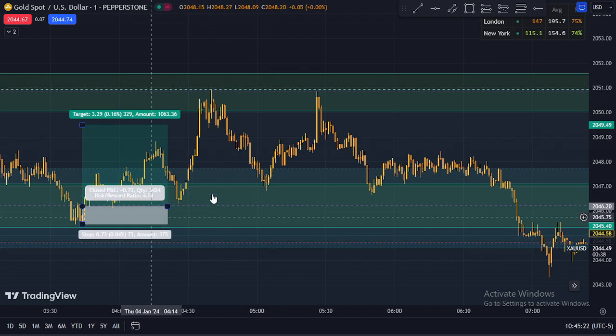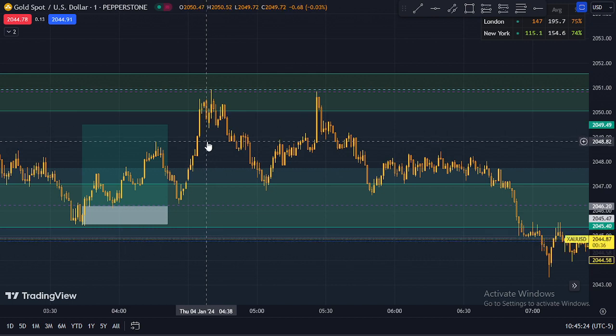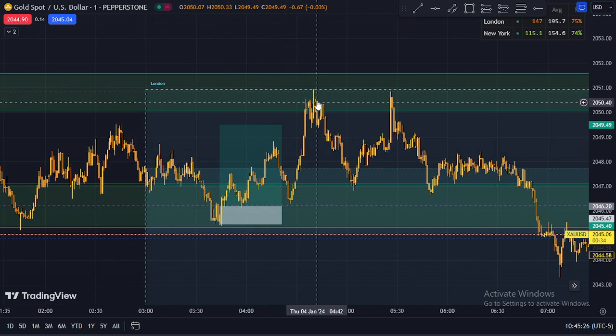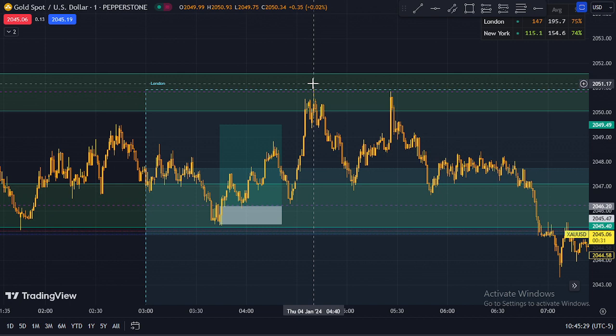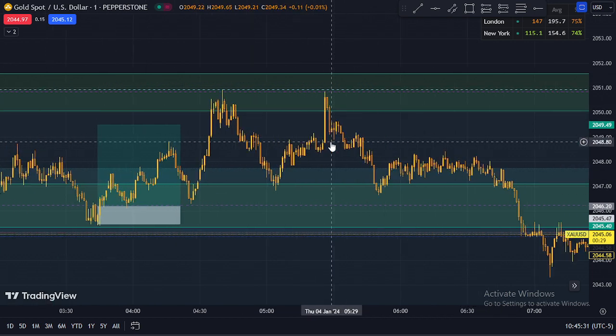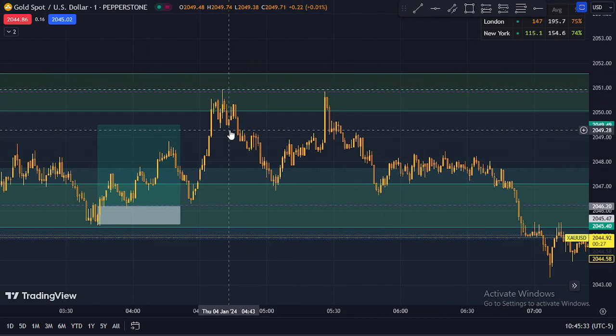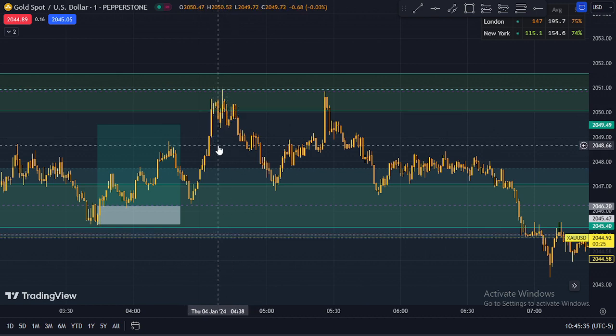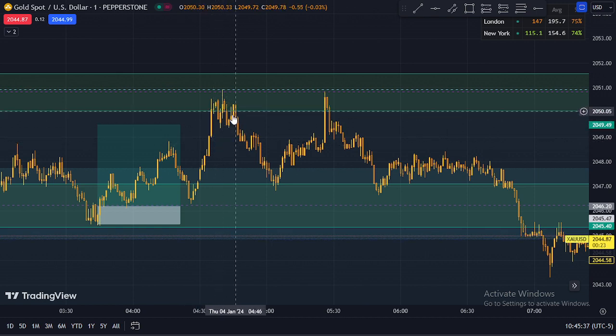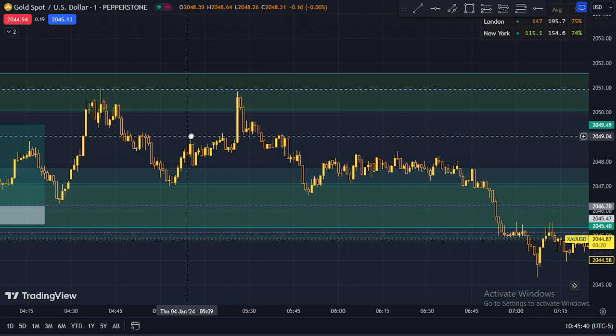So we had that. So this was right at around 4:40. So we had this drop to the downside. We had a fair value gap as price was trading inside this fair value gap right here.